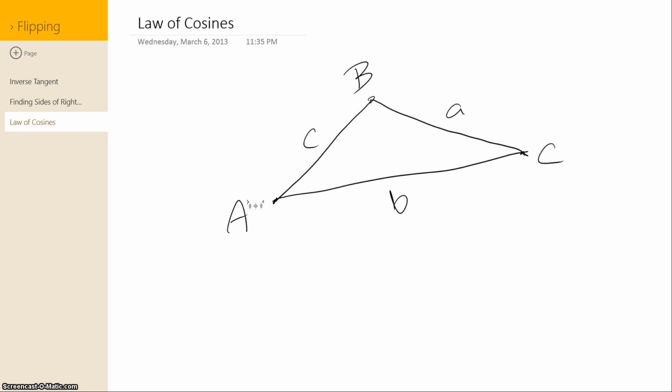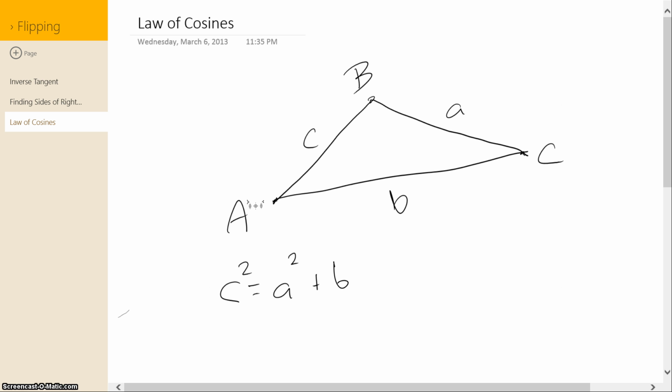We can say that if I want to take, for example, this side right here, little c squared is going to equal a squared plus b squared.